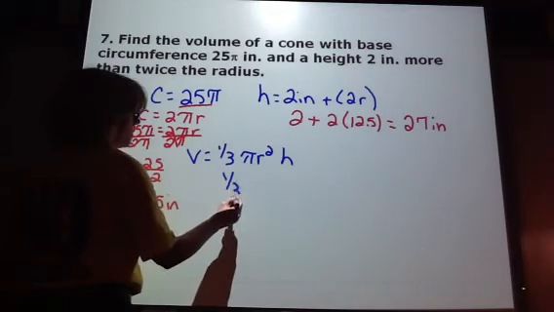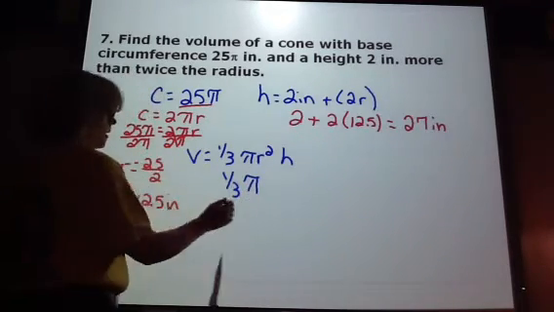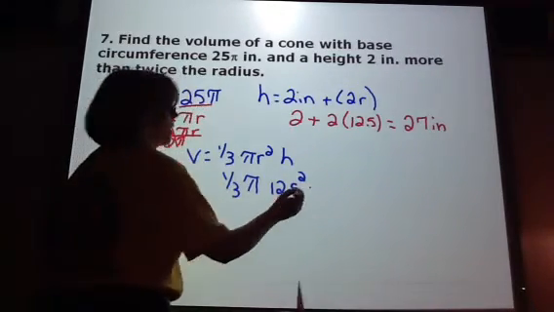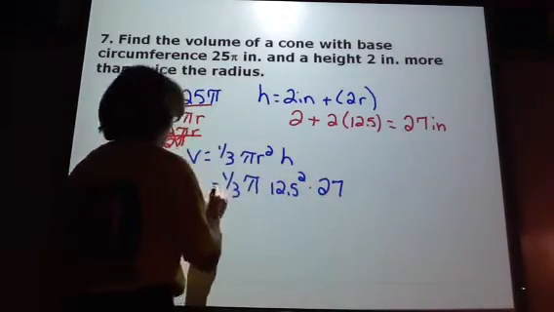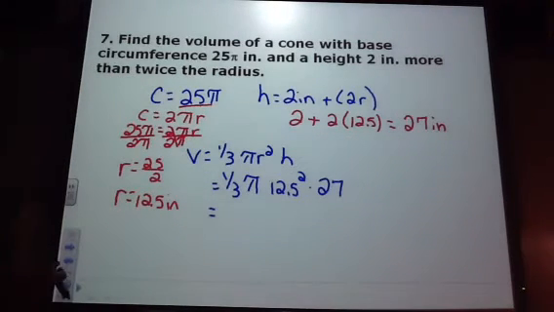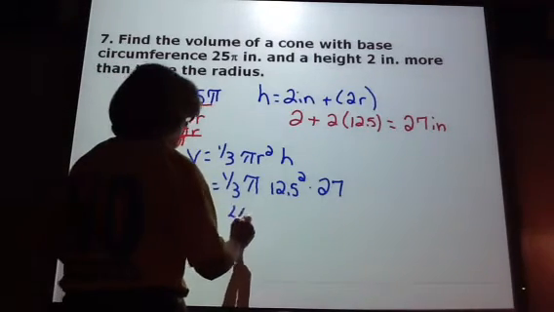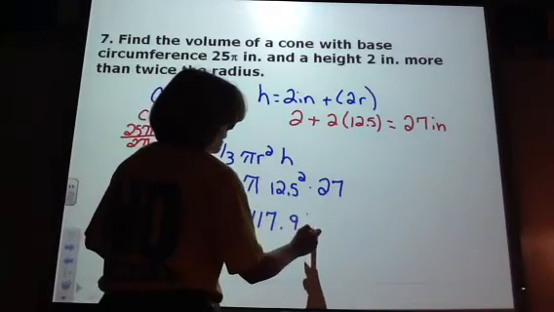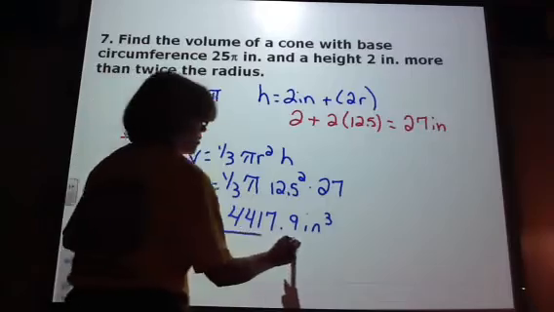So we have 1/3 pi, our radius is 12.5 squared, times our height, which is 27. All right, and let's just round this one to the nearest tenth. When you key all that in your calculator, you're going to get 4,417 and 9/10 cubic inches.